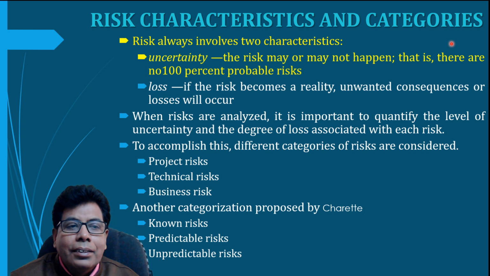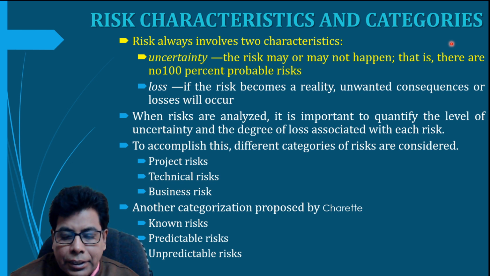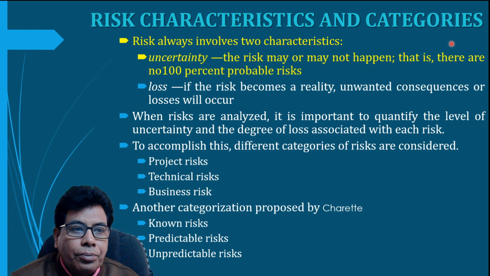And we can't say that there is a 100% probability of risk not occurring. So that is also not possible. So there is uncertainty, that is the first characteristic, and loss.